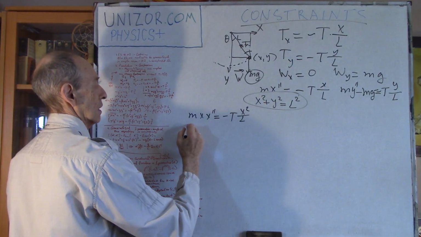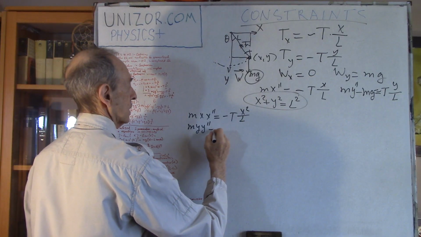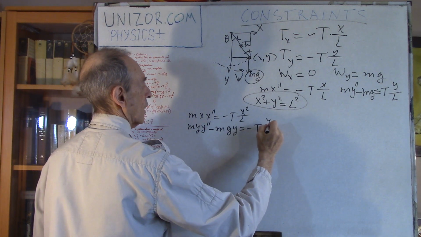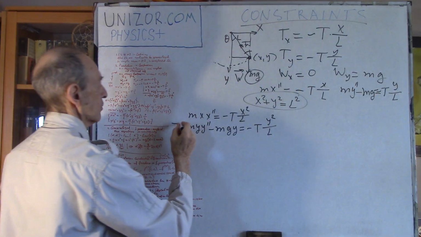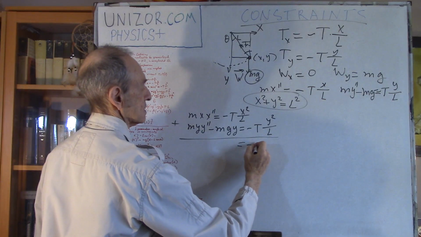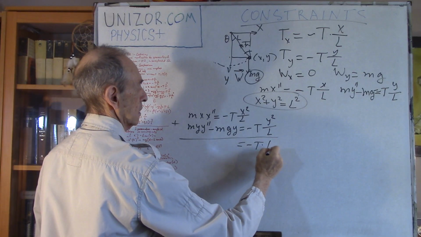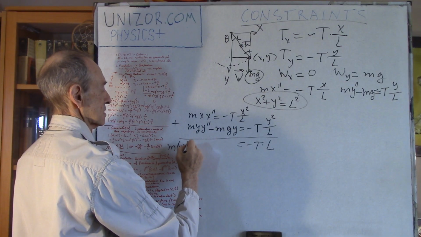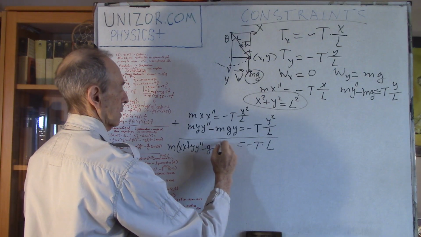So it would be my double prime minus mgy is equal to minus T y squared by L. So we multiply this by x, this by y, and now we will add them together. And that would allow us, this is minus T times x squared plus y squared, which is L squared, divided by TL. And this would be m times x double prime plus y double prime minus gy.